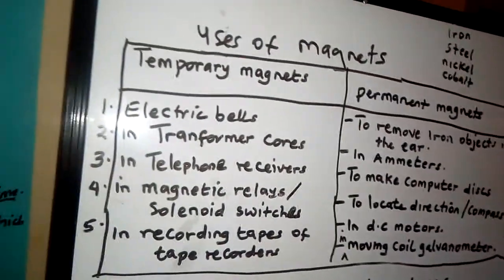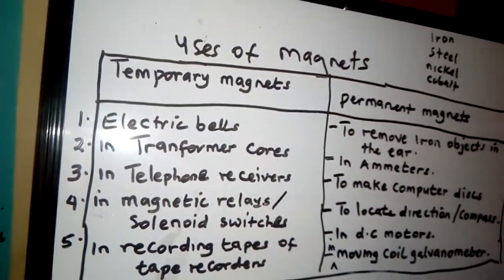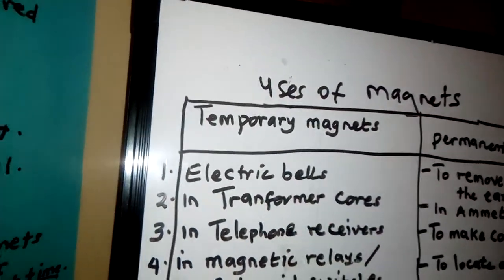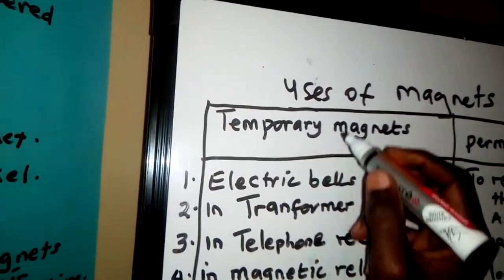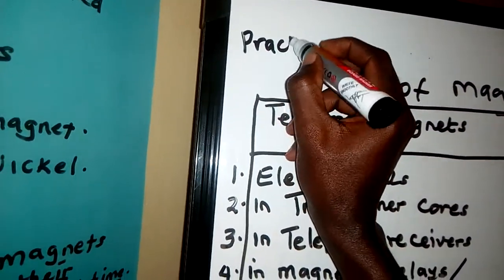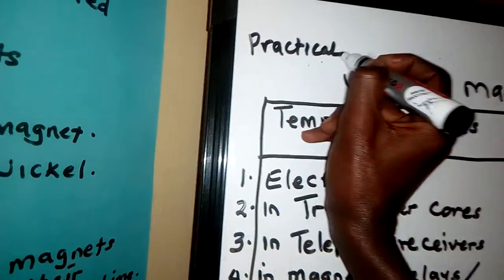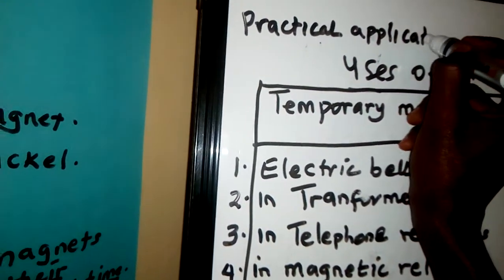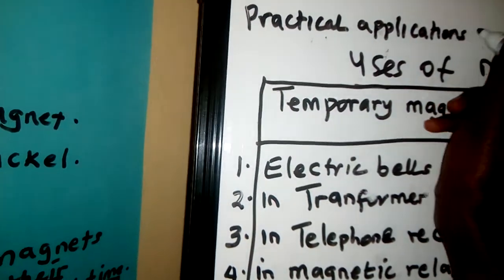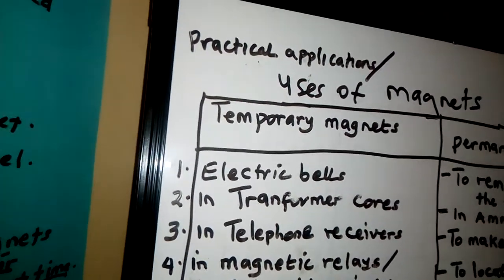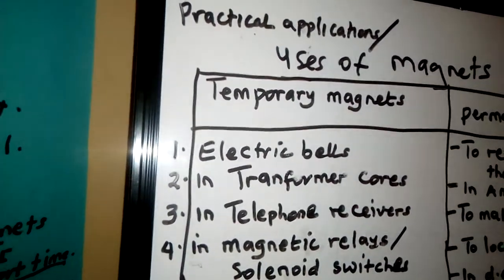Now, sometimes these examiners are very tricky. They may not use the word uses, but they can decide to use the word practical application. Practical applications, meaning where do you use it in daily life?